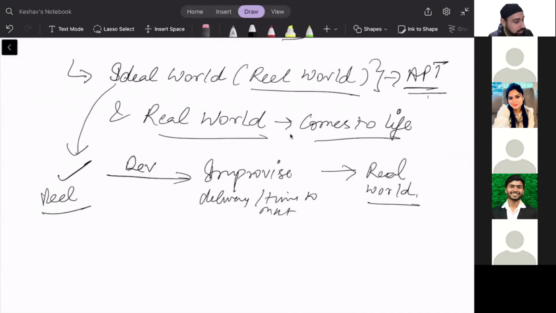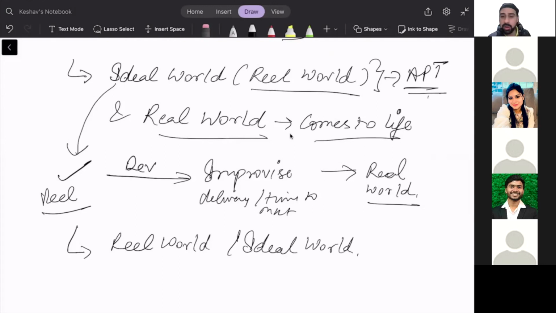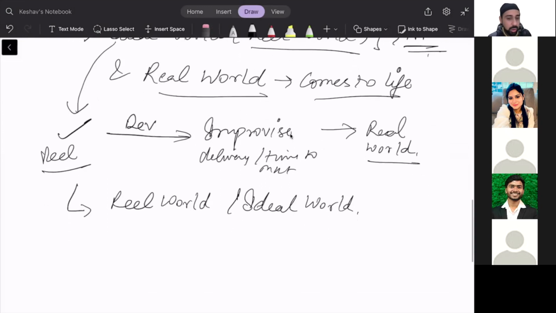Then the thing is, once you design your system, whether it is the real world system or the ideal world system, and you have presented it and passed through the design reviews and everything, one thing you should always keep in mind is this.